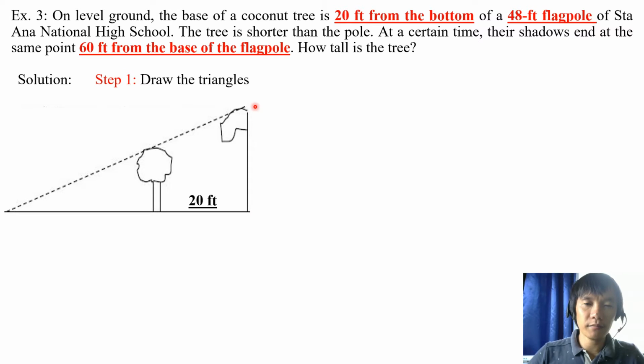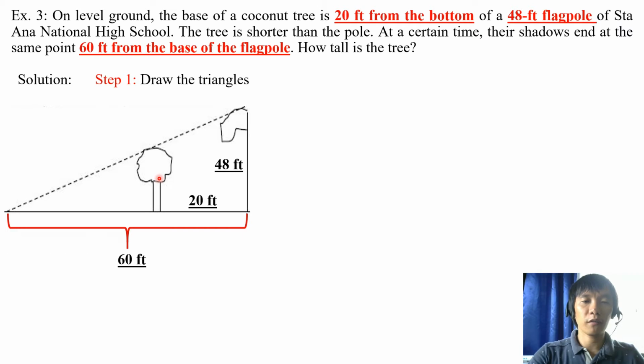The height of the pole is 48 feet. And when the sun hits the pole and the tree, it will have a shadow of 60 feet. We are asked how tall our tree is. So that is our x feet or our unknown.